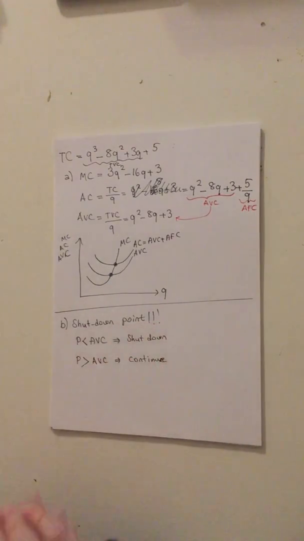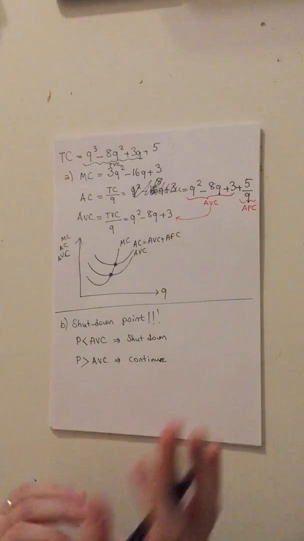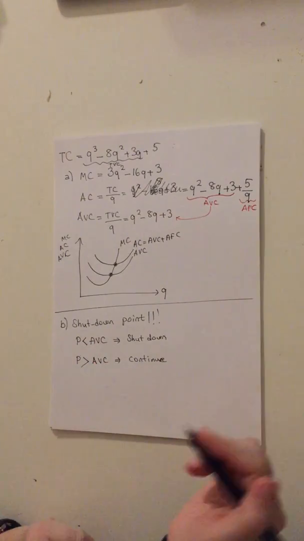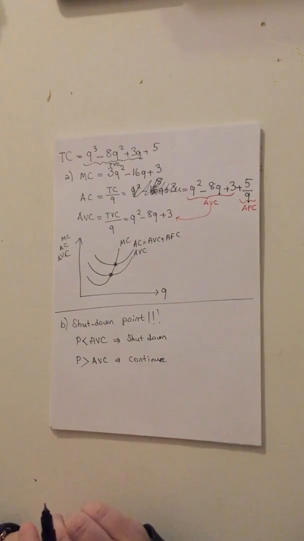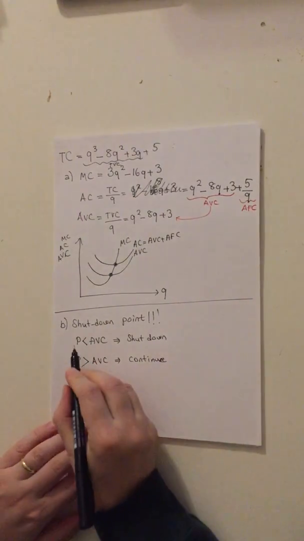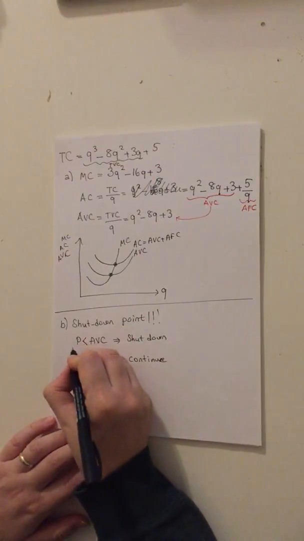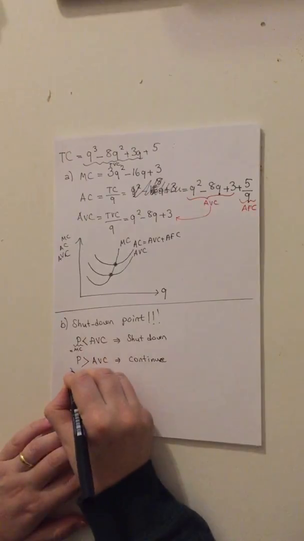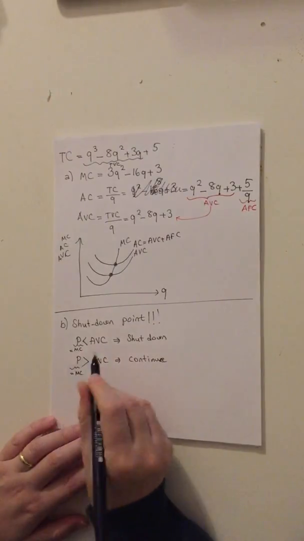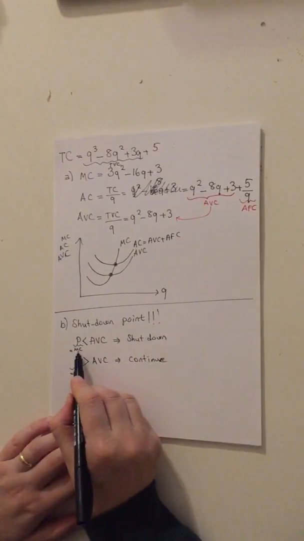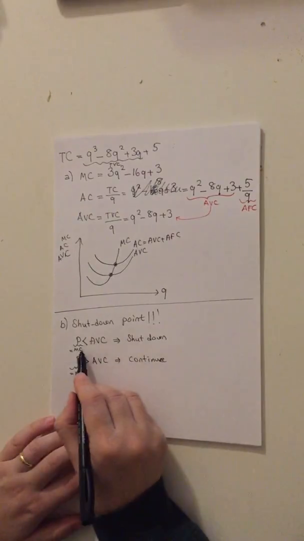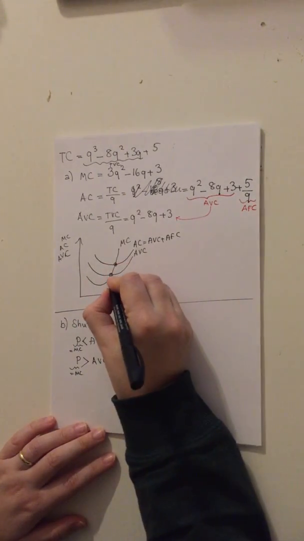If price equals average variable cost, then the firm will be indifferent between shutting down or continuing the business. It's not important for this question. And the price is determined as equal to marginal cost. So the shutdown point is the point where marginal cost equals average variable cost.